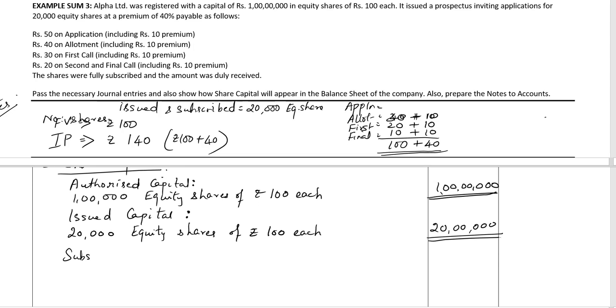Next, subscribed capital. The full face value of the share, rupees 100, has been called up and the full amount has been received. So the shares will be classified as subscribed and fully paid up.